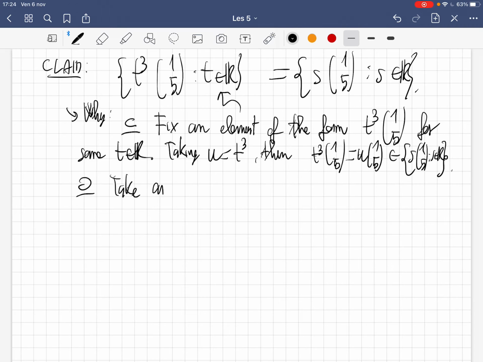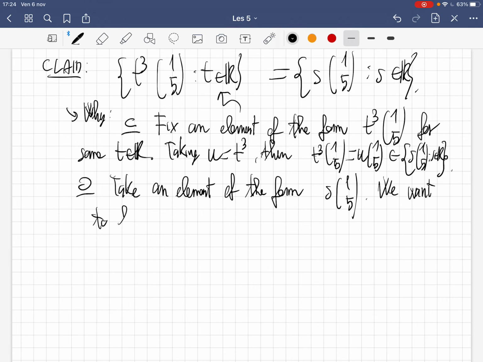Take an element of the form s times (1, 5), and we want to find t such that t cubed times (1, 5) is equal to s times (1, 5).